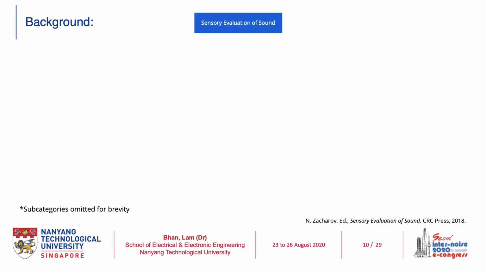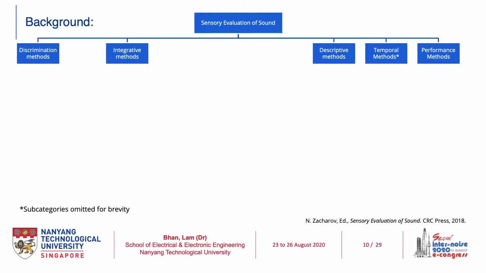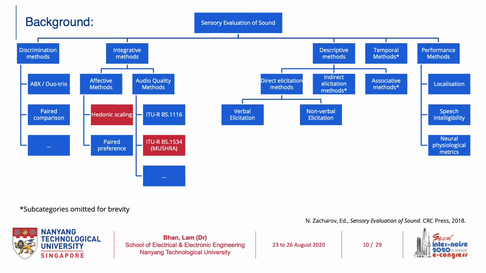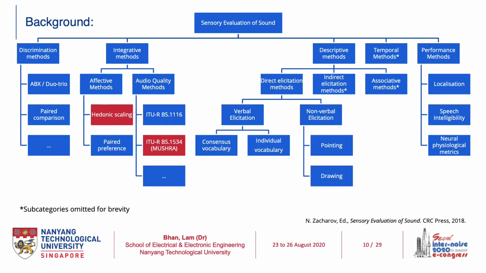These methods can be represented in five main groups, namely discrimination, integrative, descriptive, temporal, and performance methods. Some well-known discriminative methods include ABX and paired comparison, and integrative methods include affective quality like hedonic scaling and audio quality methods like the ITU MUSHRA test, both of which are implemented in our VR application.